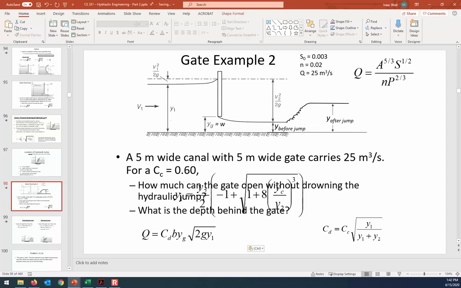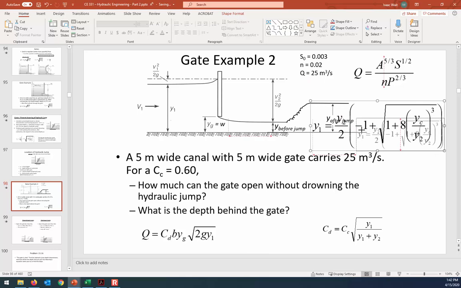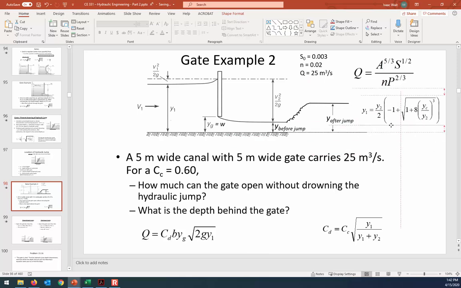Let me paste that off to the side so you can see that. So you'd use this formula to find Y before the jump, and then the coefficient of contraction will tell us what is the W depth, and then finally we can find the depth behind the gate because we know the Q, the coefficient of discharge, the width of the canal, and the gate opening.